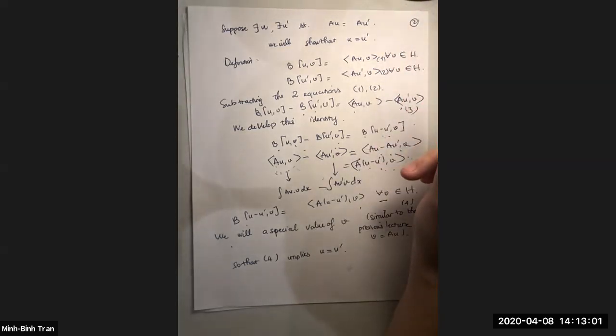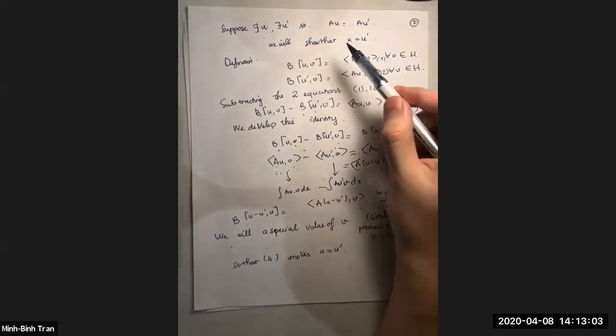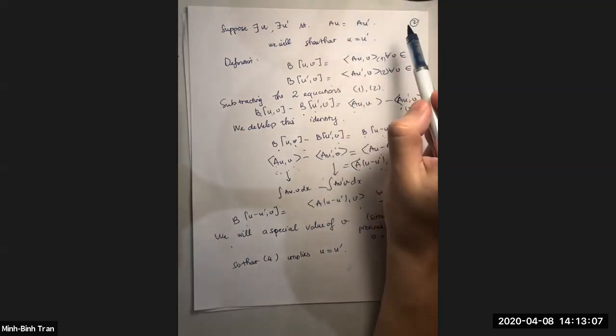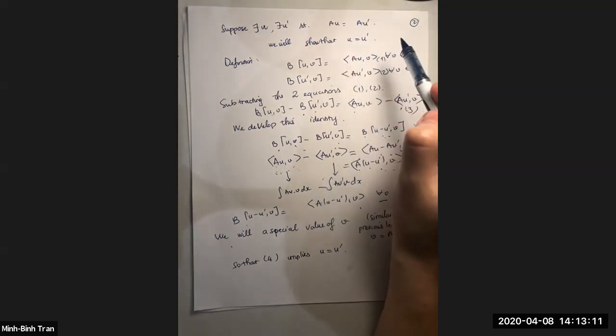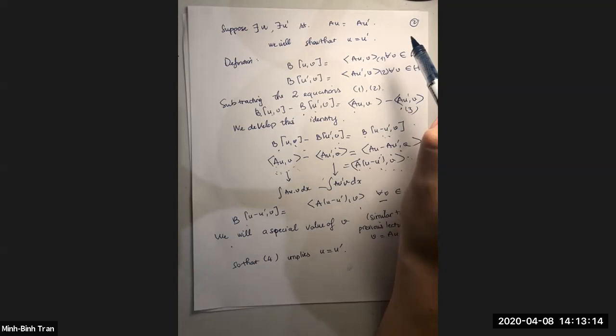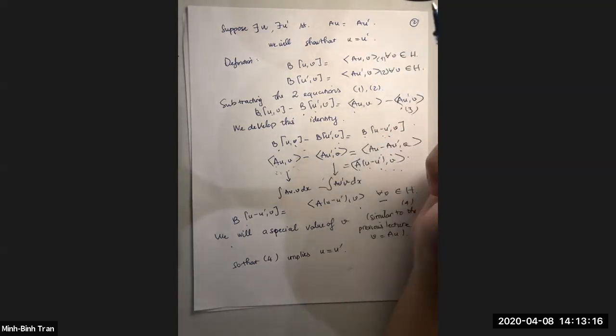So can anyone suggest one choice of V? Let me explain again. In this class, we're going to show that A is one-to-one, meaning that if AU is equal to AU prime, then U has to be equal to U prime. So we suppose the contrary.